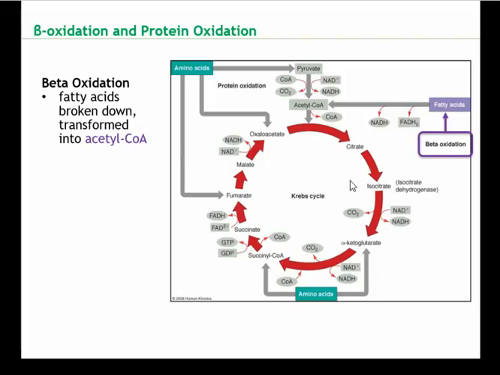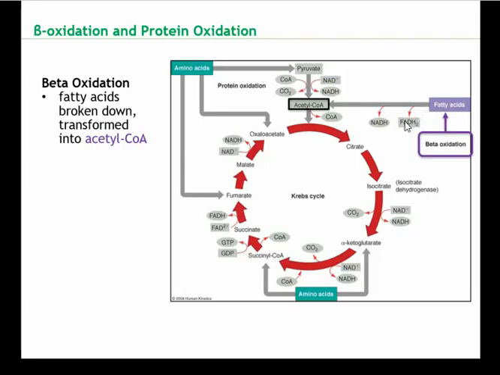So we basically only talked about how glucose goes through the Krebs cycle. Beta oxidation explains how fatty acids go through the Krebs cycle. So they have to be transformed into acetyl-CoA just like pyruvate did. We'll go over that process in detail on the next slide.